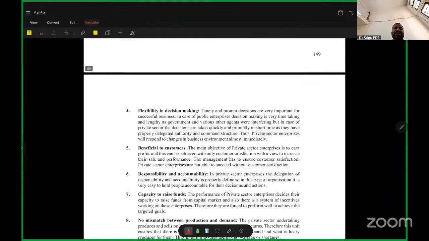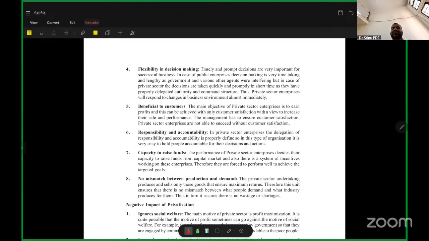Next, flexibility in decision making. No need to wait for government orders or decisions. The management will take quick decisions beneficial to the customers. Private sector enterprises earn profit, and this can be achieved only through customer satisfaction. So they focus on customer benefits and can provide maximum services to the customers.